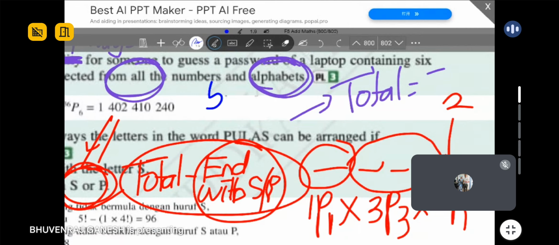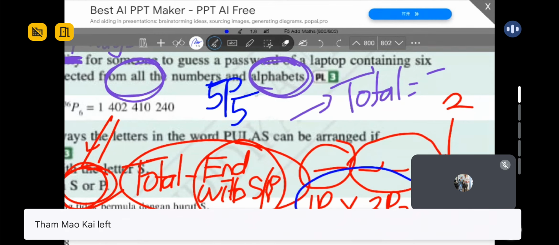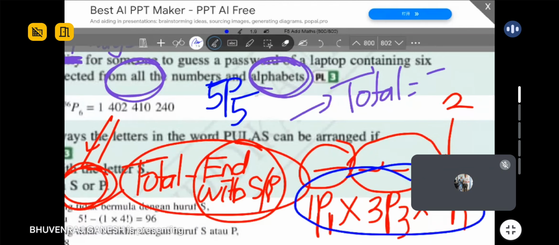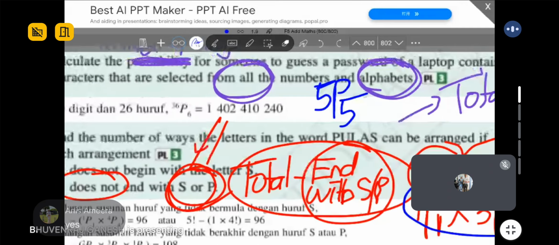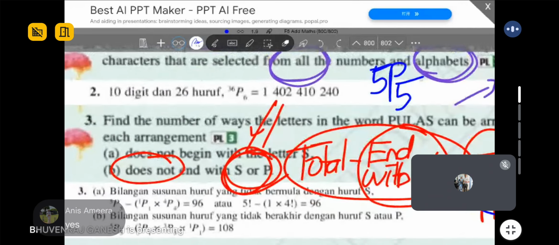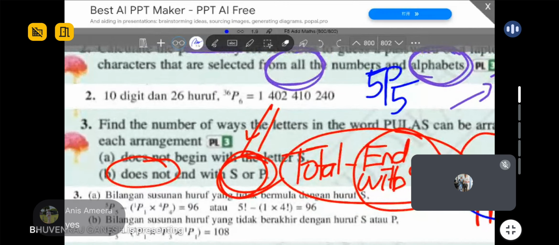Betul? Because you have 5 letters and you want to arrange all the 5. So it's 5P5, and you minus this one. Tolak yang ni. Can you respond a bit if you understand the concept? Okay, so the answer you should get is 108.